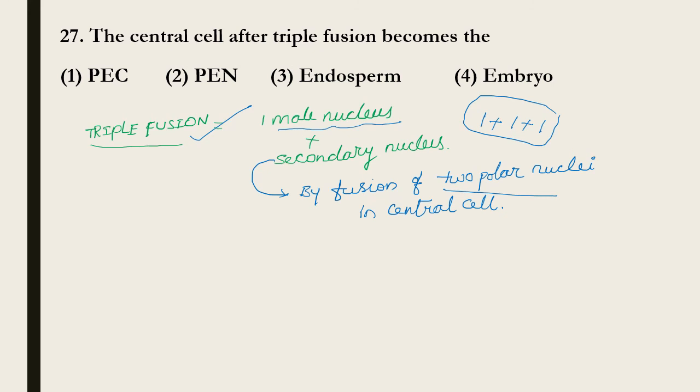Each nucleus is in the 1n, haploid condition, so triple fusion results in the triploid, 3n condition. First it forms the PEC, the primary endospermic cell, and then converts into the primary endosperm nucleus. So the correct answer is option 1, PEC.